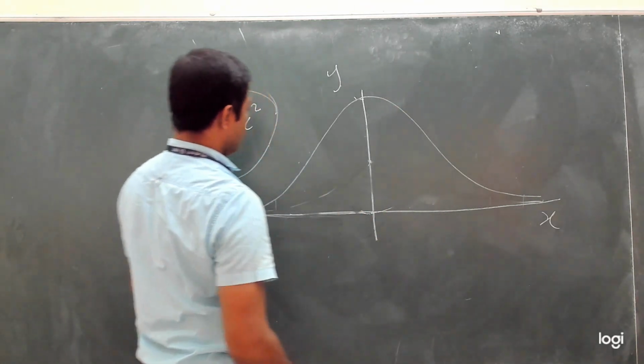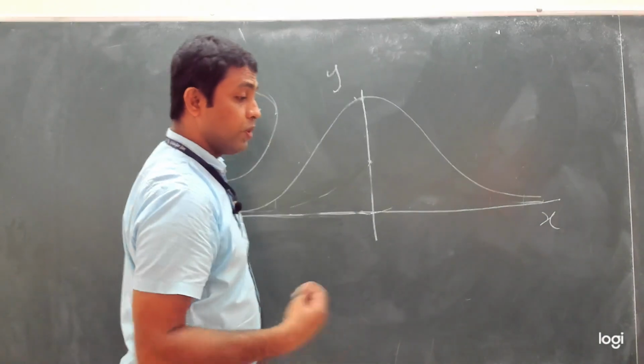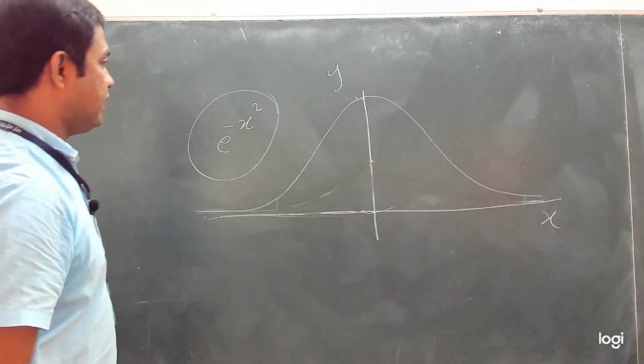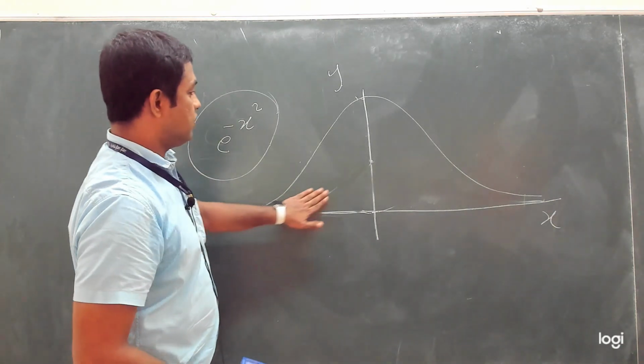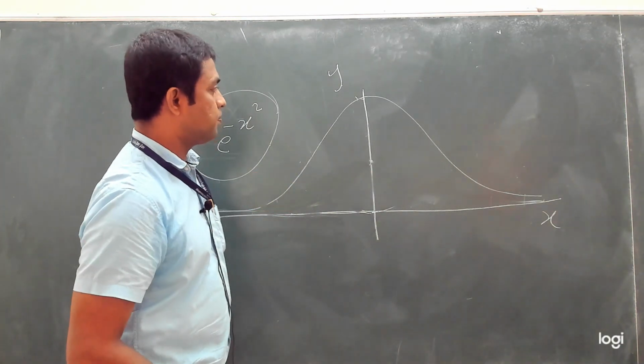We can think about how to find the average or probability distribution. All those things we'll learn later, but right now you understand this Gaussian function, which looks like this.